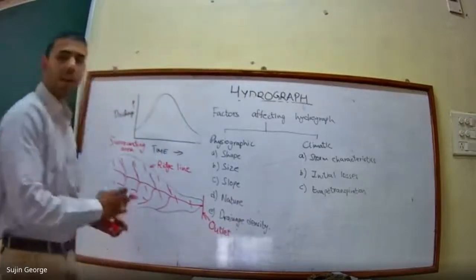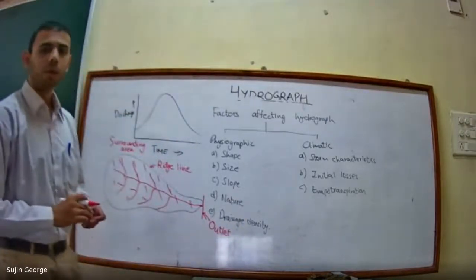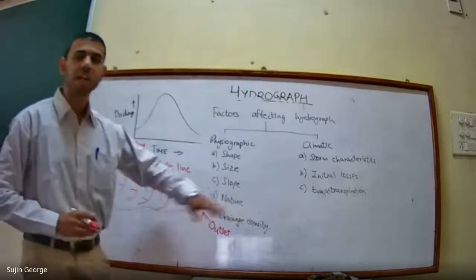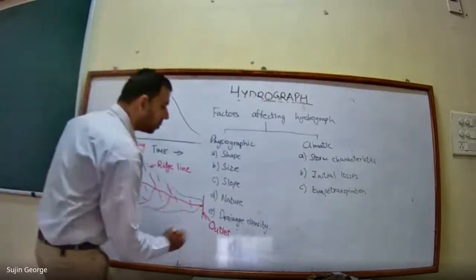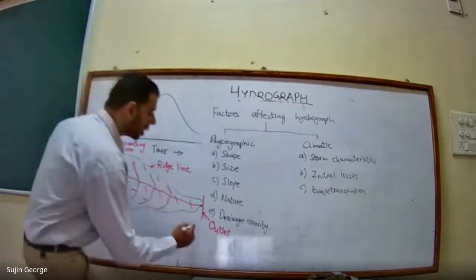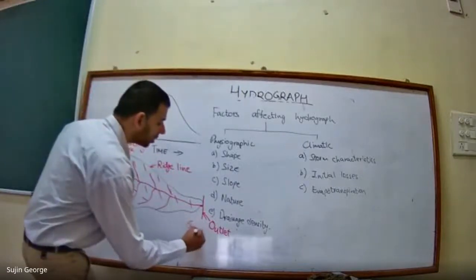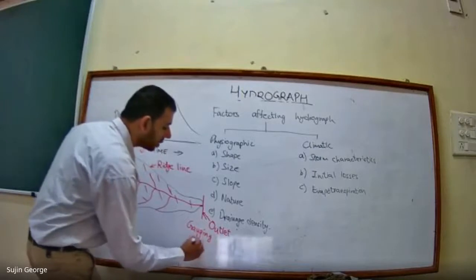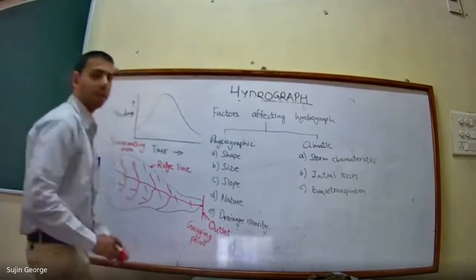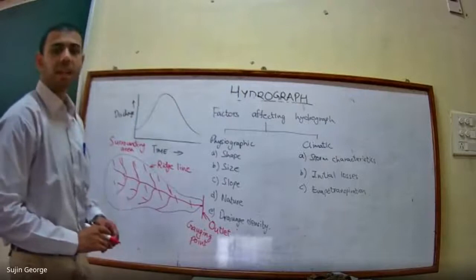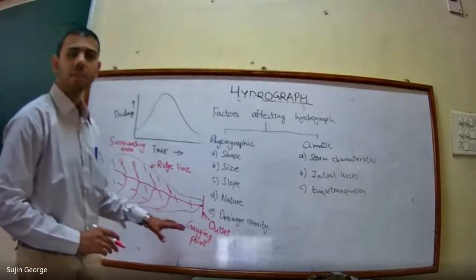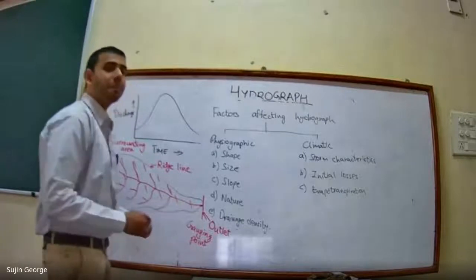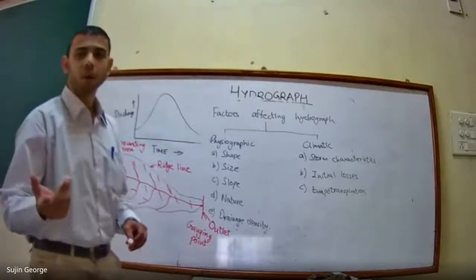As the stream reaches the outlet, we have to find out the maximum discharge. You can call it an outlet, or a gauging point as well, because this is the point where the maximum discharge is found out.